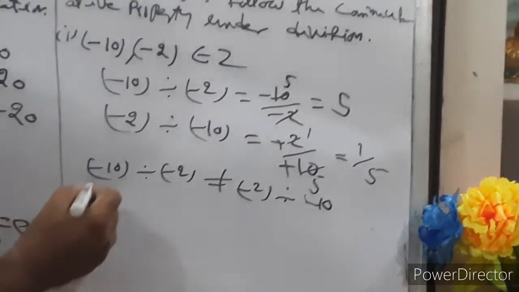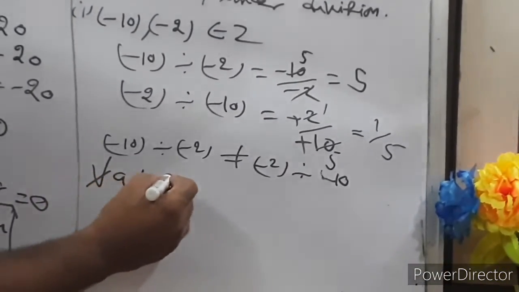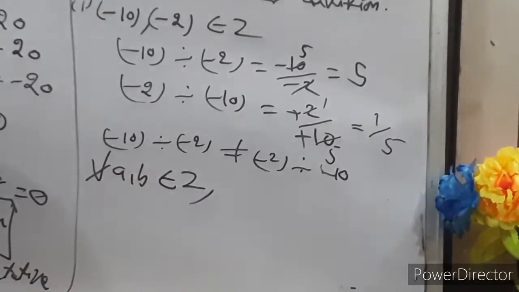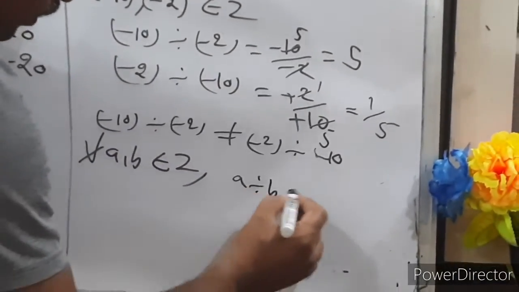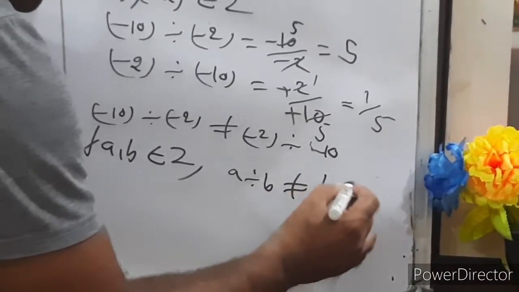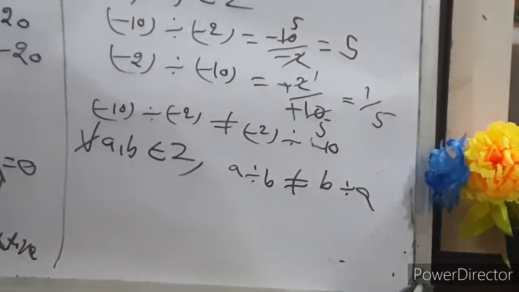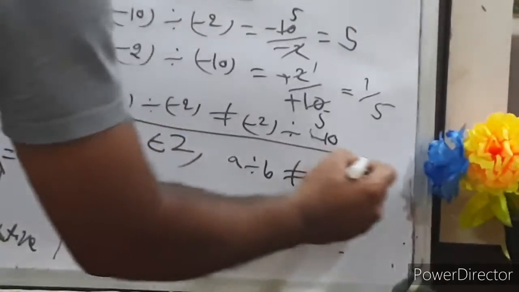So for all A, B belonging to Z, A divided by B is not equal to B divided by A.